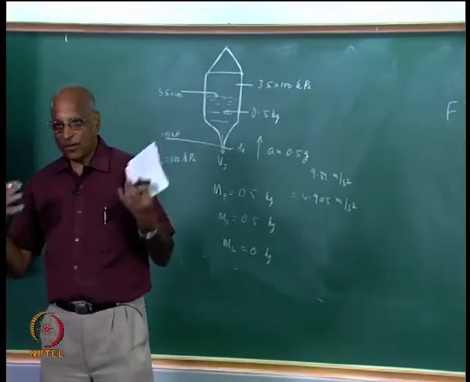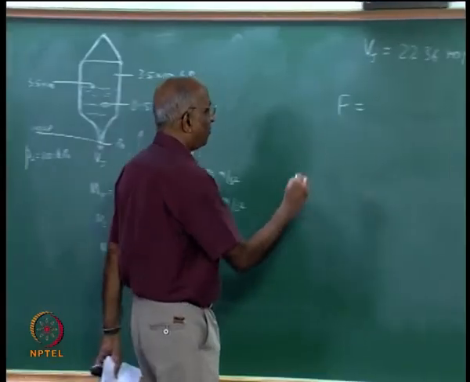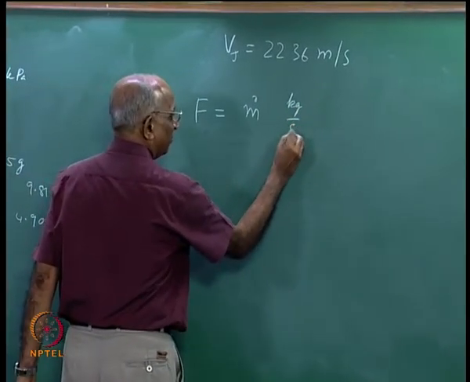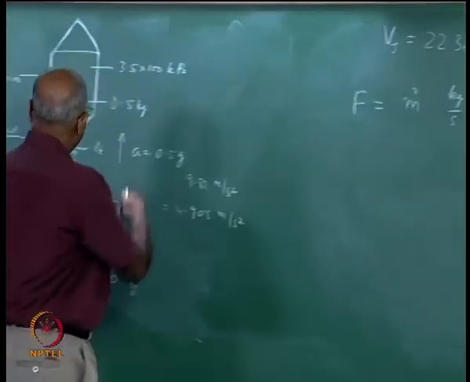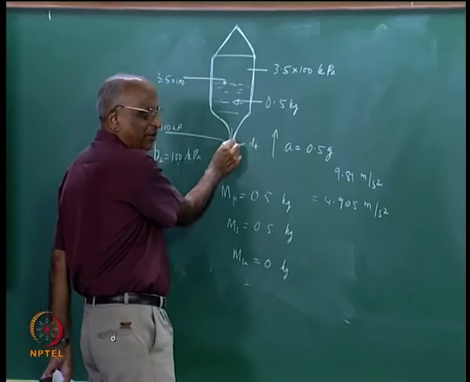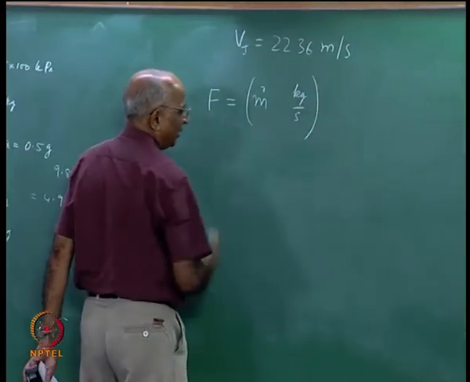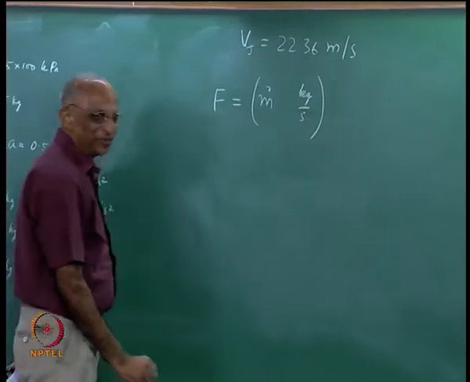Let us assume water flows at the rate of m dot kg per second, because if I know the water flow rate, I can calculate this diameter. Therefore, F is equal to m dot kg per second into what?